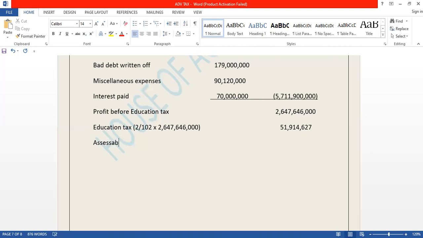Accessible profit. So our accessible profit will now be minus education tax. If we less the education tax from this profit, what do we have? Just remove that education tax from it.